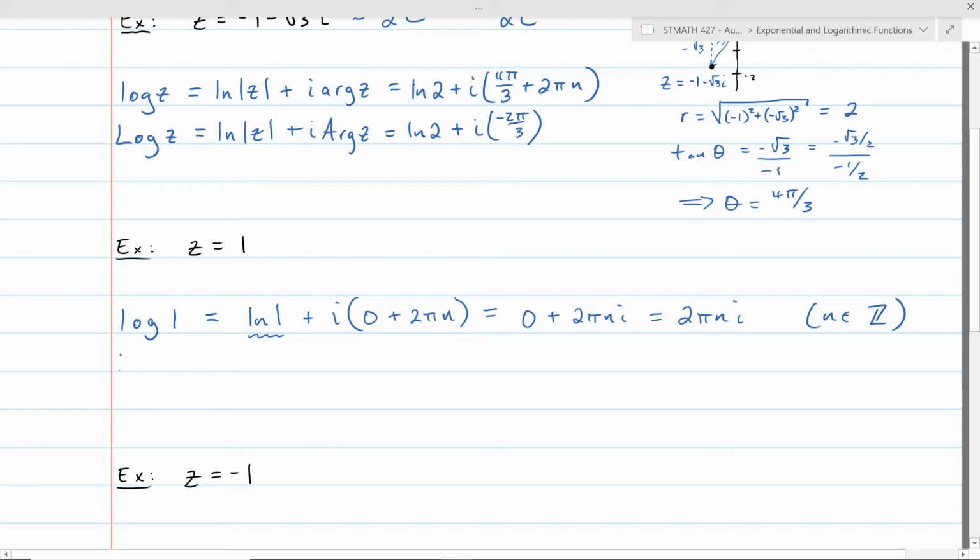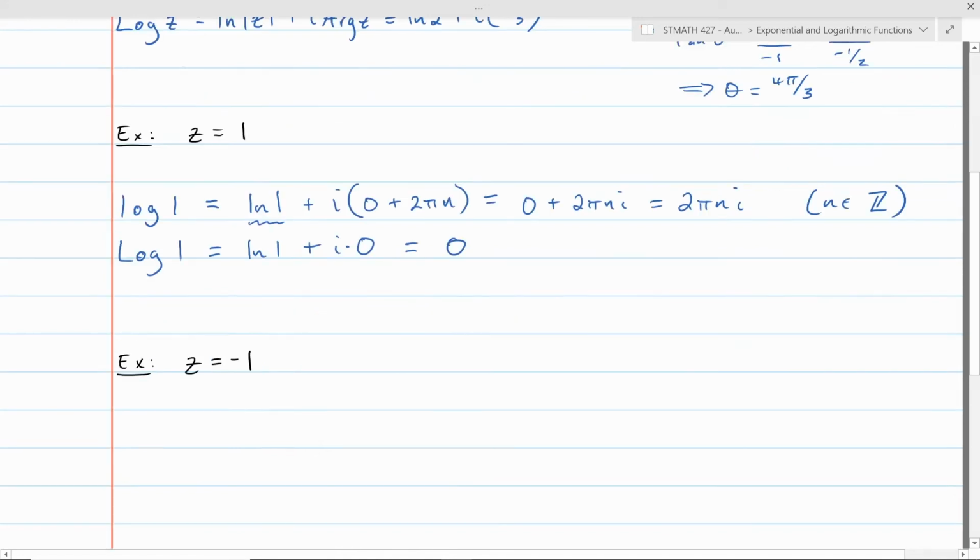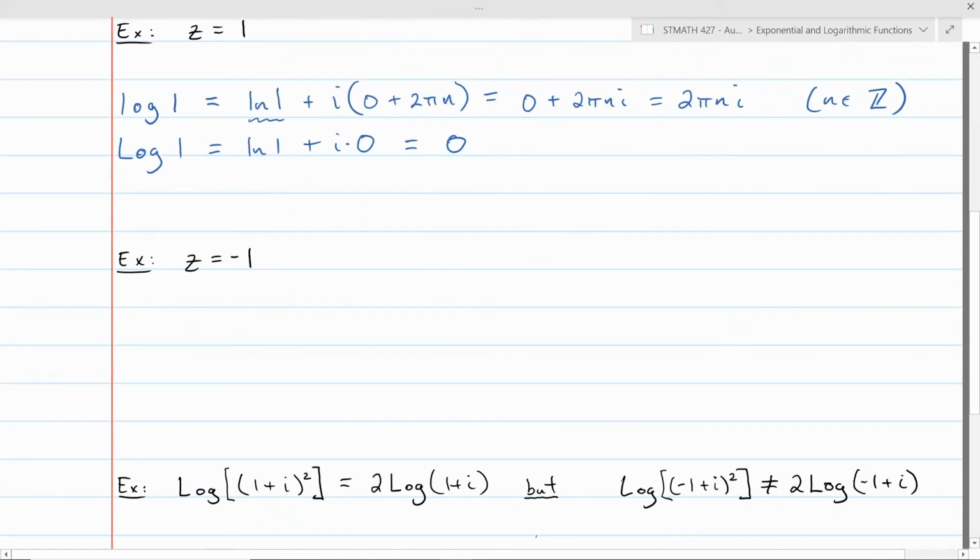But if you do principal log of 1, it's natural log of 1 plus i times just the 0. So this comes out to 0. For z equals negative 1, the regular multivalued logarithm at negative 1: we know the modulus of that is 1, so we get natural log of 1 plus i, and then we take the argument. It would just be pi plus 2 pi n.